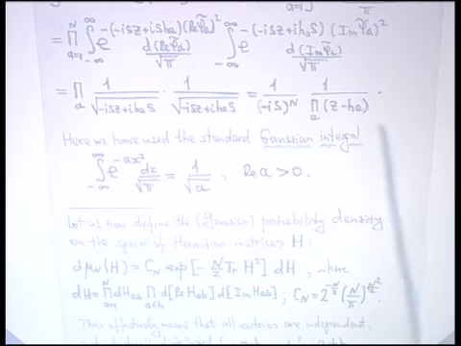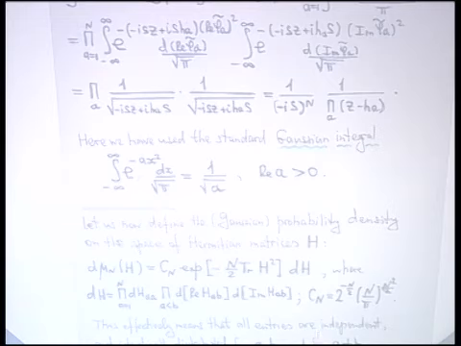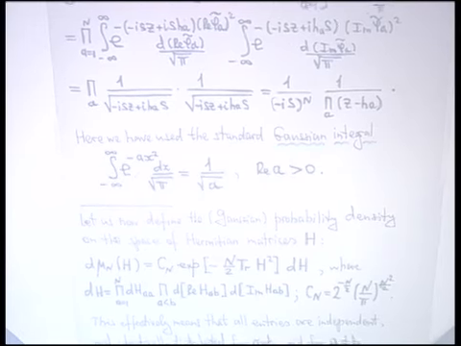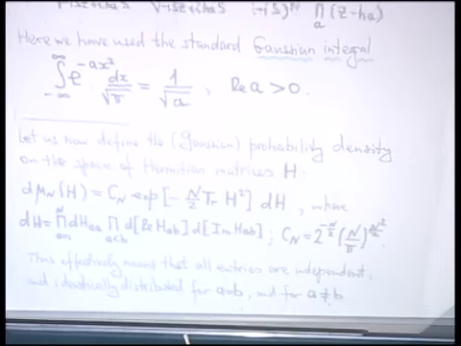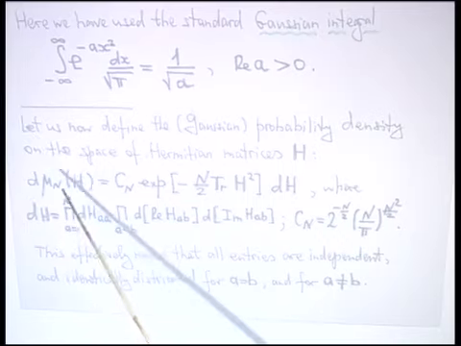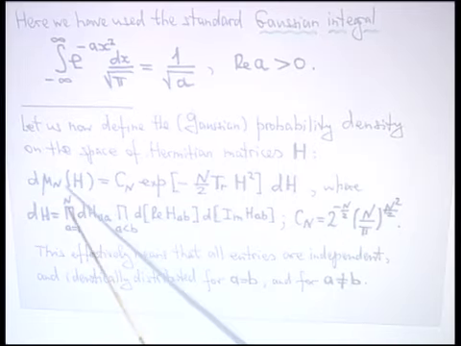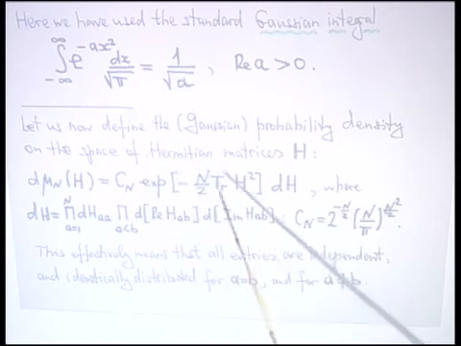Now let us define the probability density, which is in fact a Gaussian probability density, on the space of Hermitian matrices H. I will denote this probability density as d mu n of H, and this is of the following form.